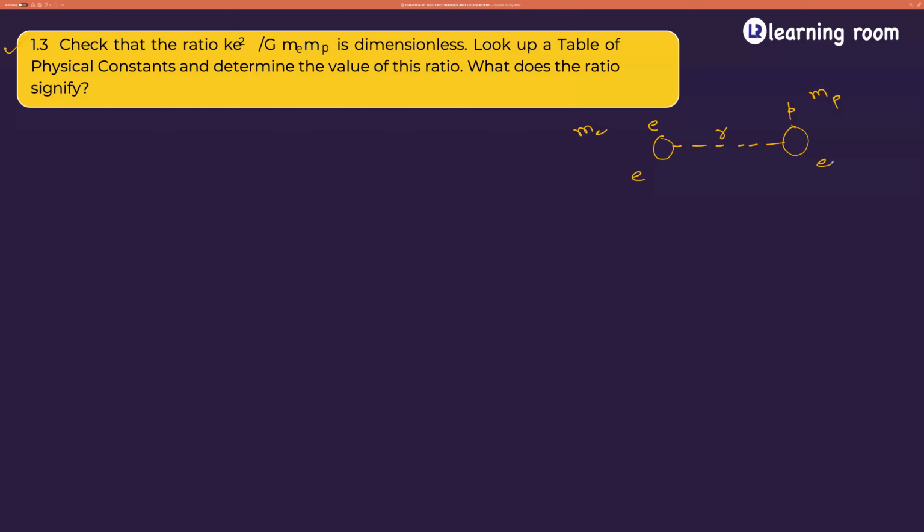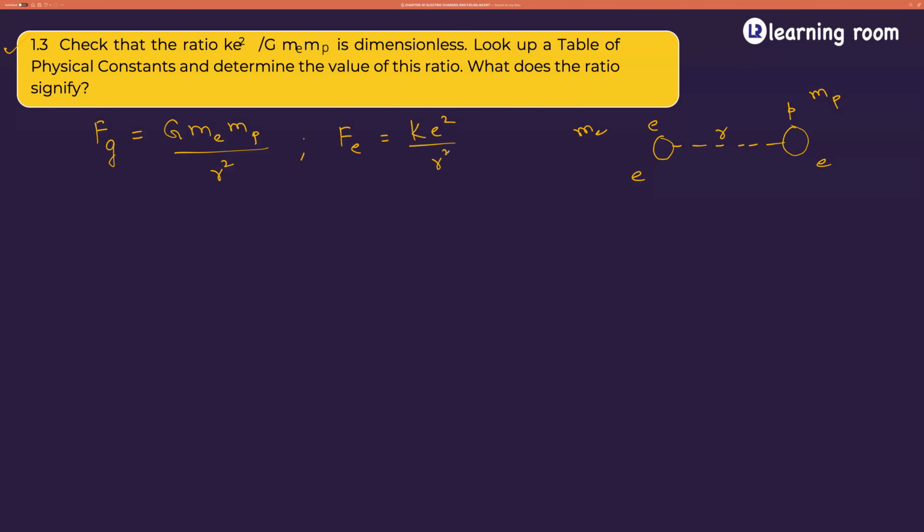Now, due to their masses and the distance of separation, they will experience a gravitational force of G into mass of electron into mass of proton divided by R square. And due to their charges, they will experience an electrostatic force of K into E square divided by R square.